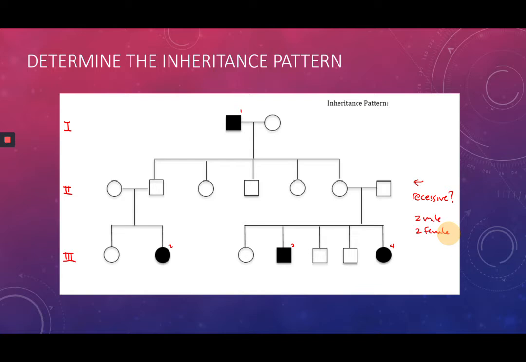In this case it's exactly an even split, but sometimes we'll have one more male or one more female compared to the other gender, and it's still a 50-50-ish split. So in this case, we're predicting that this is autosomal, because it doesn't depend on the gender. This inheritance pattern is likely autosomal recessive.